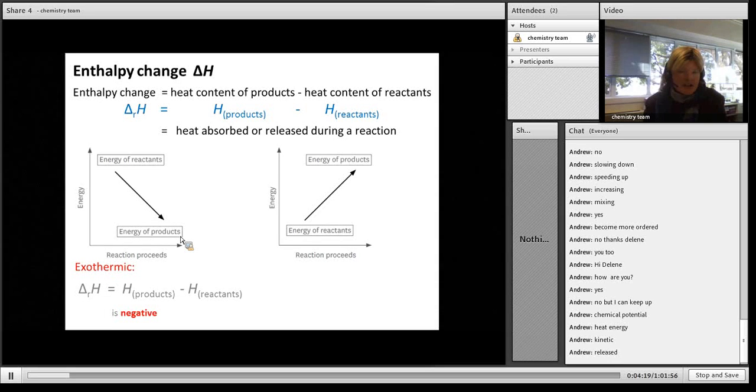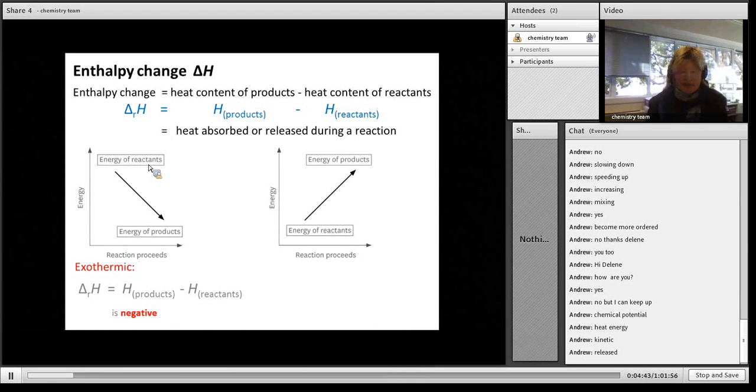Now, if you look at that equation, if delta H is equal to H products subtract H reactants, we're saying a smaller number subtract a bigger number, because obviously this is a smaller number compared to the bigger number, you're going to land up with a negative number. So if I said 2 subtract 8, I'm going to get negative 6.